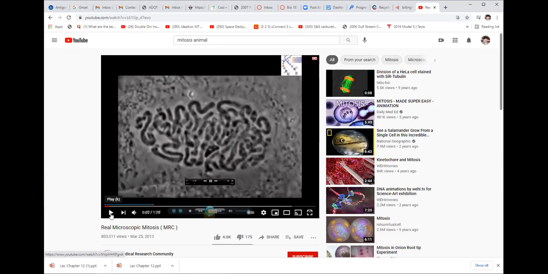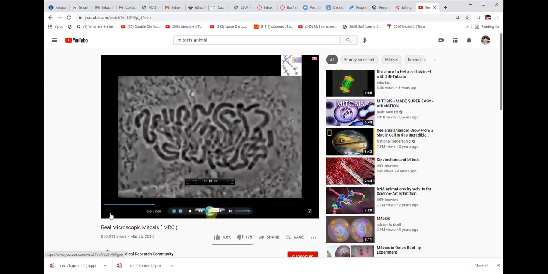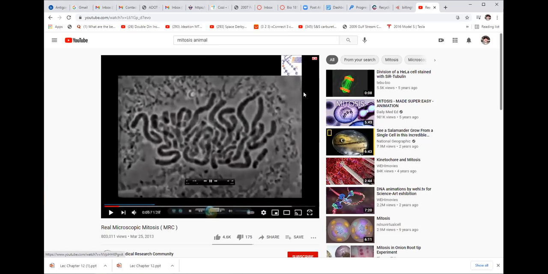The next stage is pro-metaphase, and you'll see the nucleus stops taking on a shape because it completely comes apart so that those microtubules can access the chromosomes. So now you can see it doesn't have that definite nucleus shape, right? So this is pro-metaphase. And then what's the next phase?